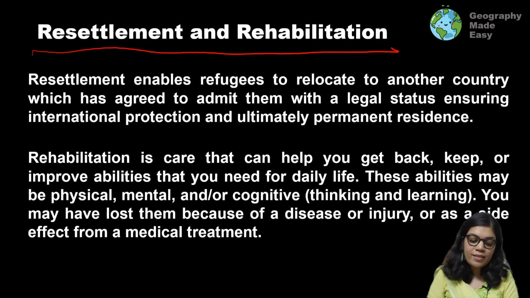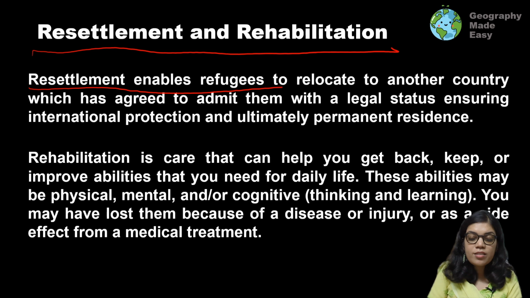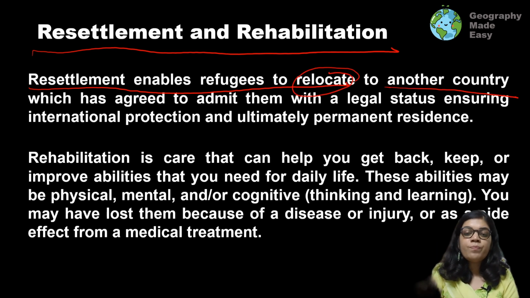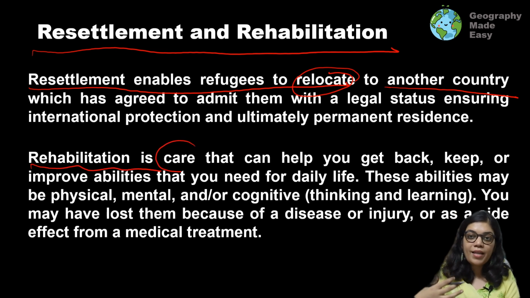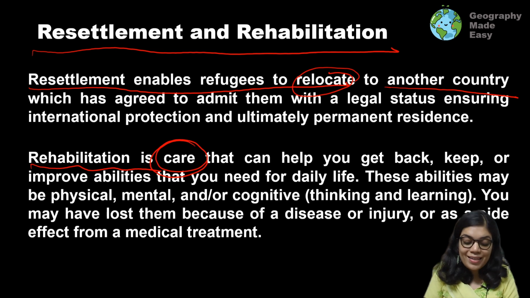Resettlement is the process by which refugees are relocated to another country, and rehabilitation is the process of care. In this case, the word care is very important. It is the process of caregiving provided by the country where the refugee is migrating, so that they can lead a normal, healthy and happy life.